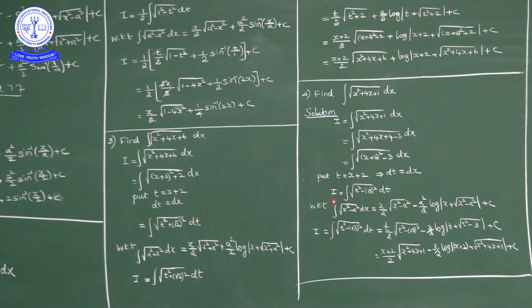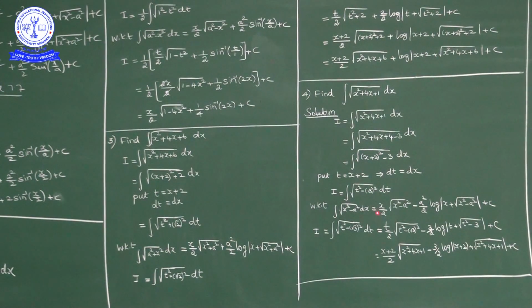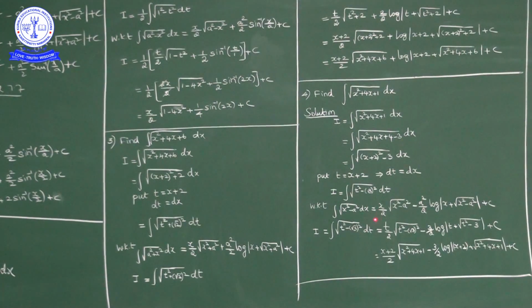Now we have this formula, integral square root of x square minus a square dx equal to x by 2 into square root of x square minus a square minus a square by 2 into log mod x plus square root of x square minus a square plus c. Now if we compare these two, so in place of x what do we have here? t. In place of a what do we have here? Root 3. So in this formula, wherever x is there, x is replaced with t, and wherever a is there, a is replaced with root 3.